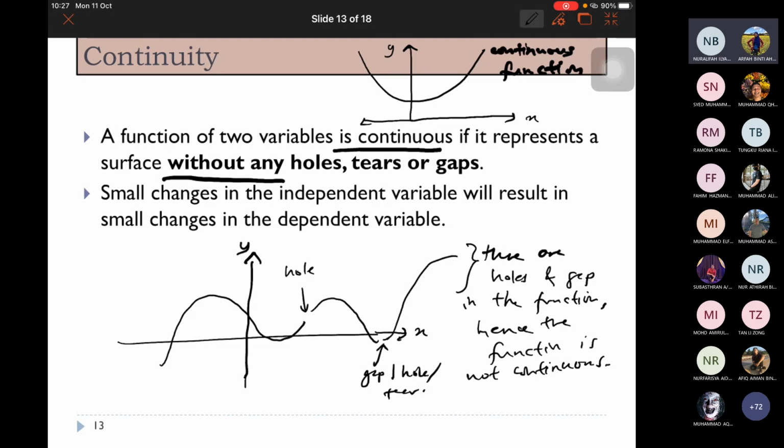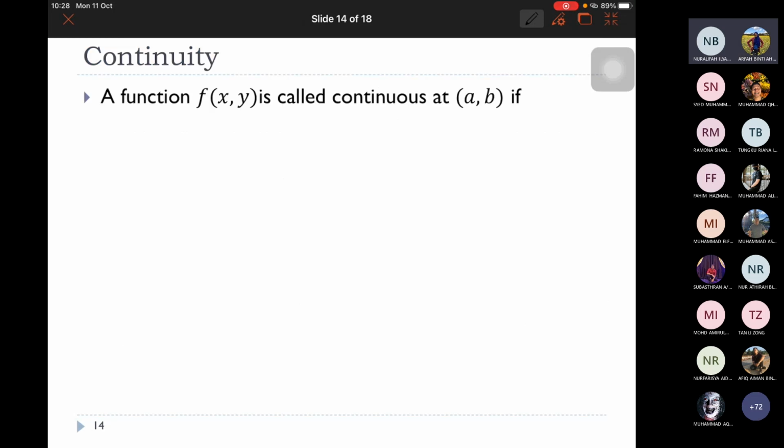Kalau done macam biasa, tanda bagus. Okay, ramai done. Okay.